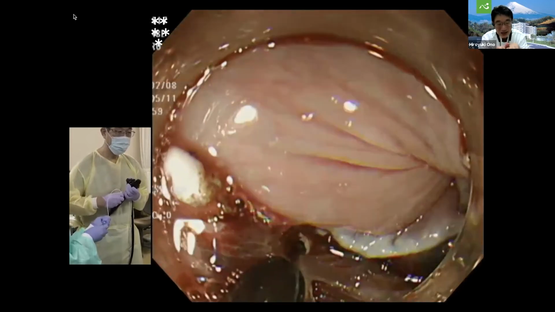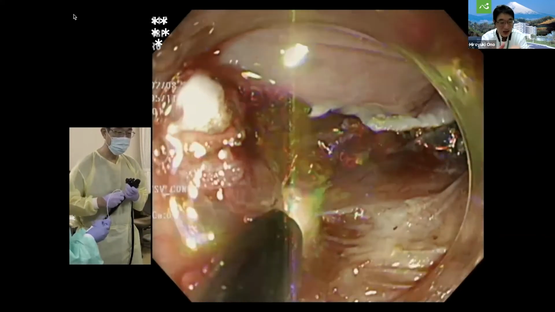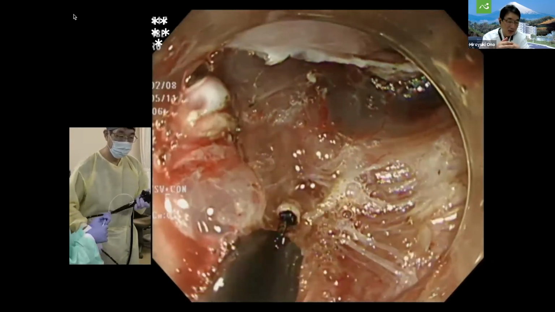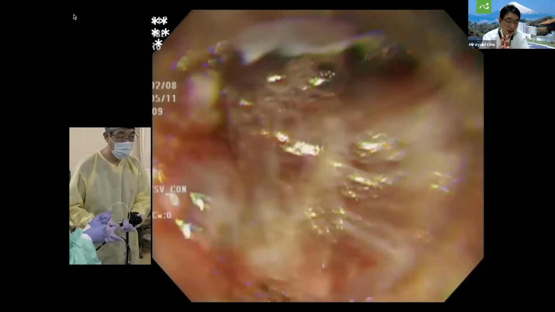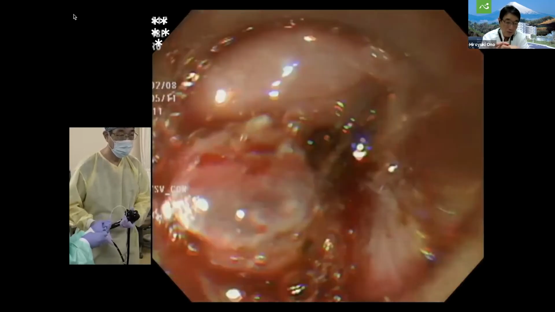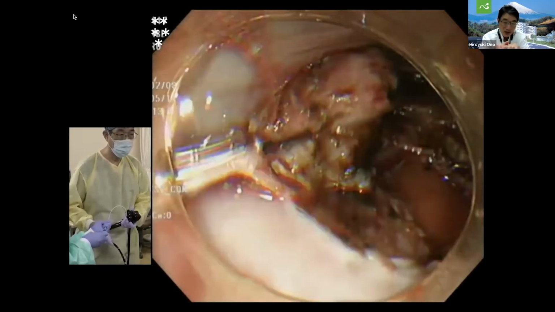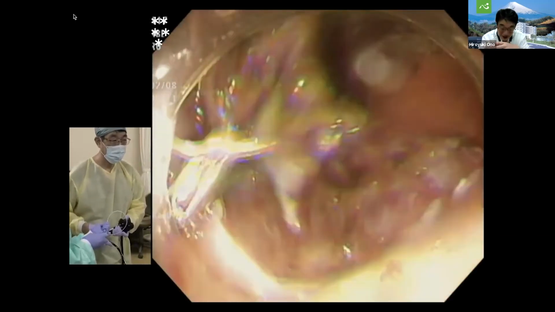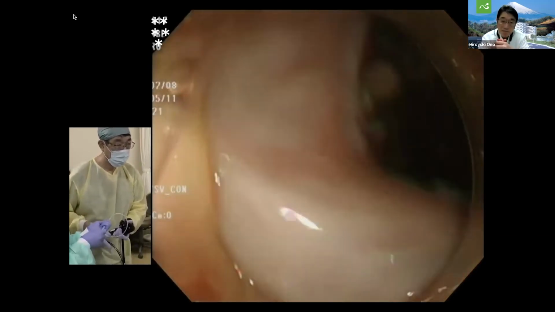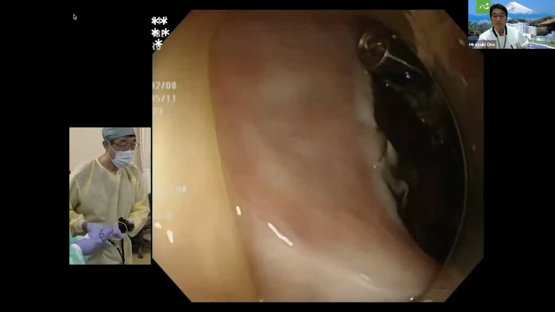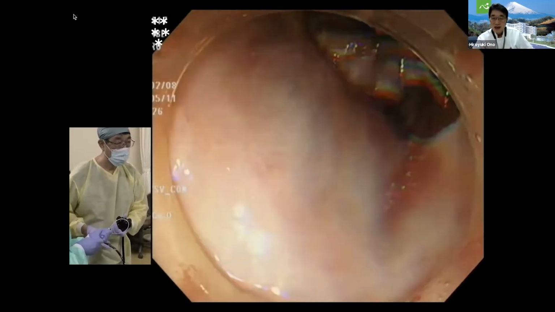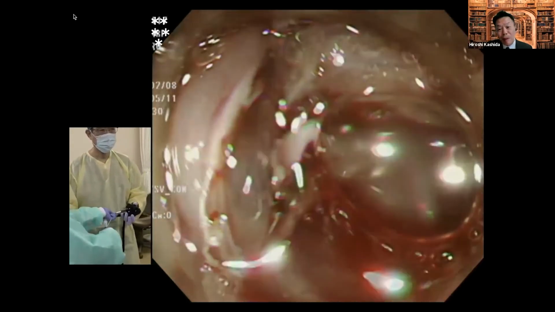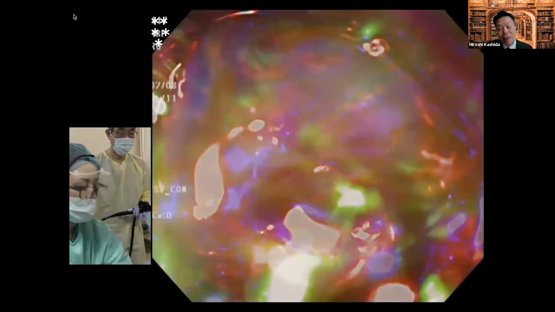I check the patient status, and the patient status is stable, so I can continue the ESD procedure. The patient was stable, but you may not have been very stable mentally.